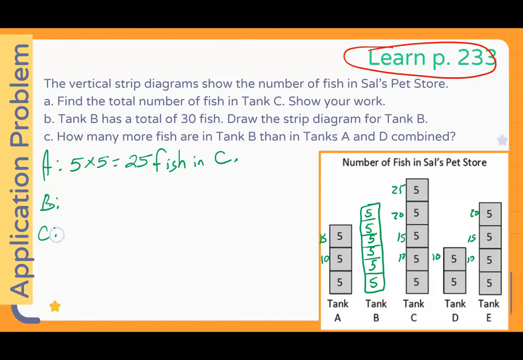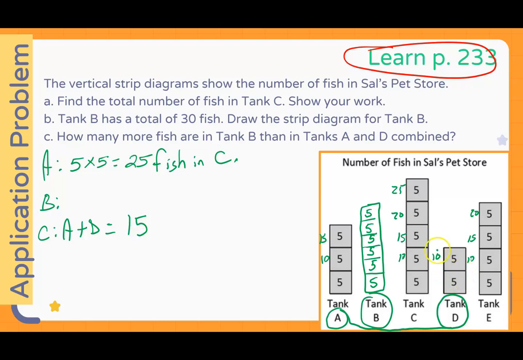Let's see. How many more fish in tank B than in tanks A and D combined? So we're looking at tank B, and at tanks A and D combined. First let's do A and D. A has 5, 10, 15.